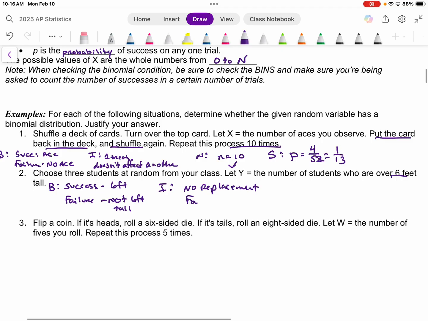So we fail independence. So we do not meet the binomial characteristics that we have to go through in order to decide to do this by the binomial calculations, which means we have to figure out some other way. It just means we can't use the binomial distribution to calculate it.